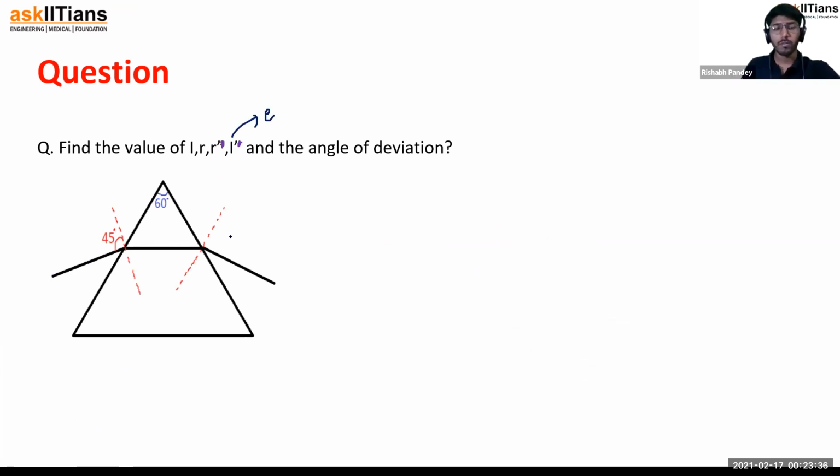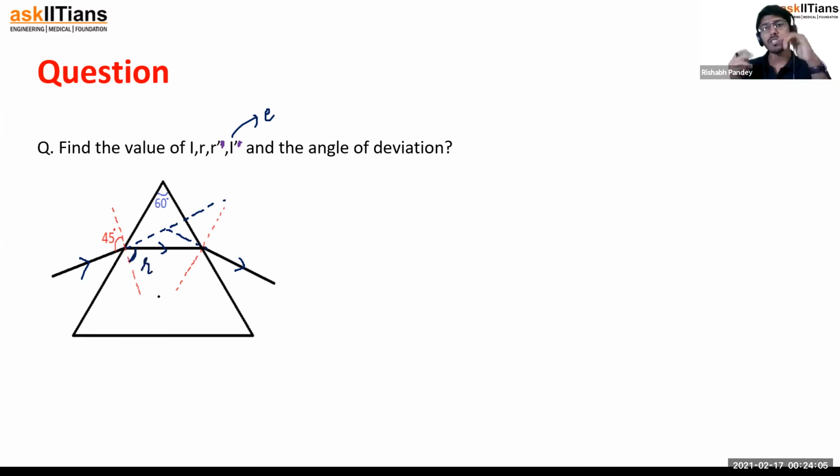Let's proceed. See, basically this is the ray of light entering and then emerging. When this ray entered, it went from one medium to another. It was supposed to go like this, but it went like this. True. So it was supposed to go like this, and this is the angle of incidence as shown in the figure, and this will be the angle of refraction.